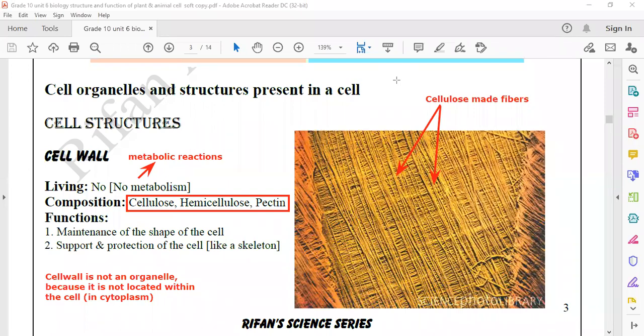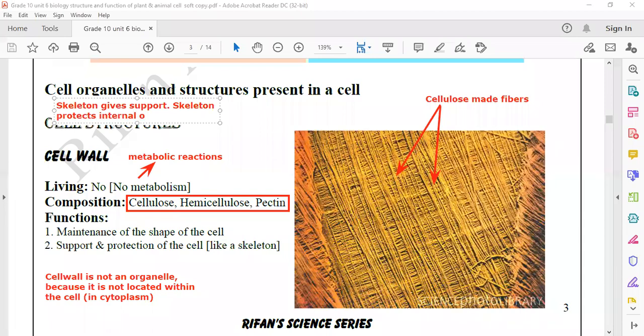Remember, skeleton is not much available in your syllabus. But regarding skeleton, there is a past paper question for you. Skeleton gives support, skeleton protects internal organs.